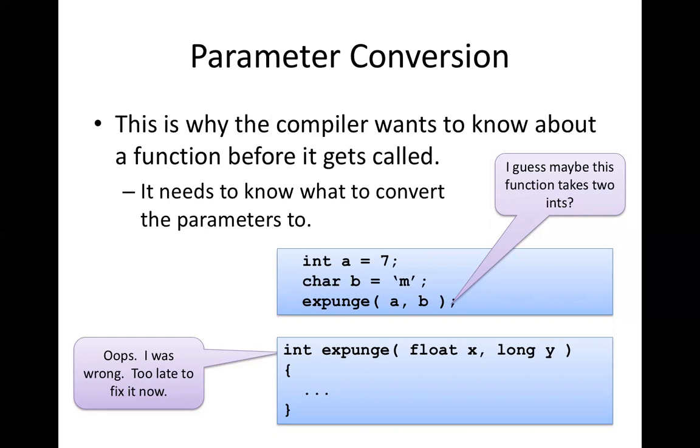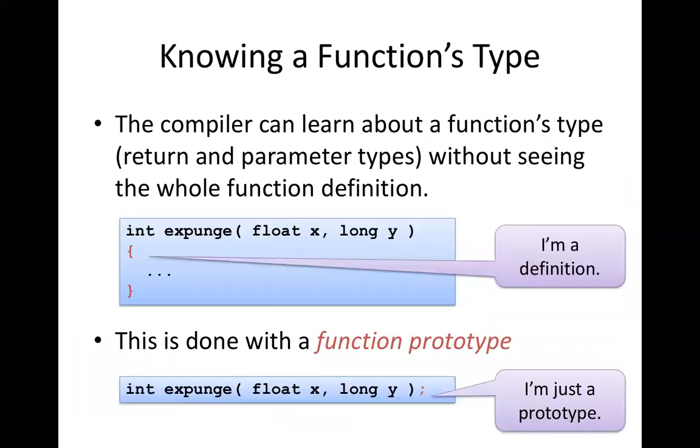It's designed so that it could be compiling your code as it sees it. Let me get into this topic and then we'll call it a day. To do this, you can put a definition of your function before any of the calls, and then when you call the function, the compiler already knows what the function looks like.